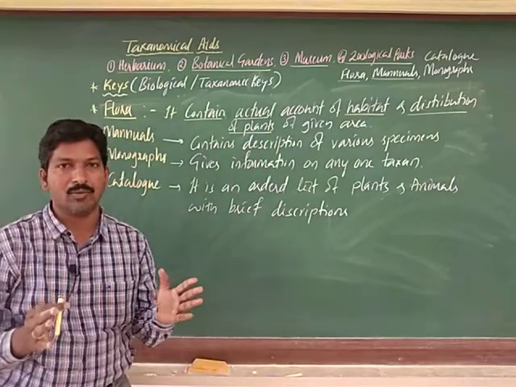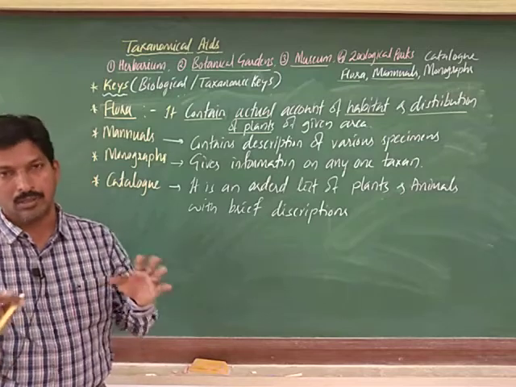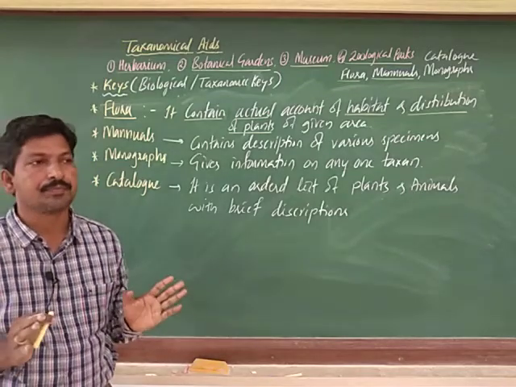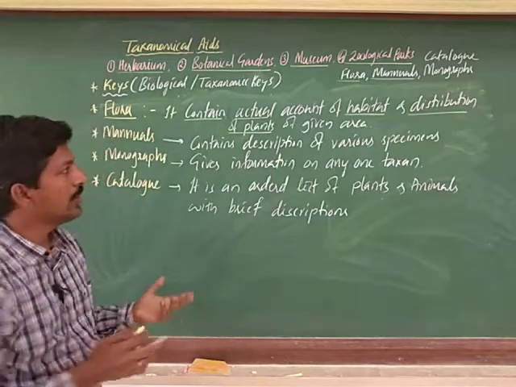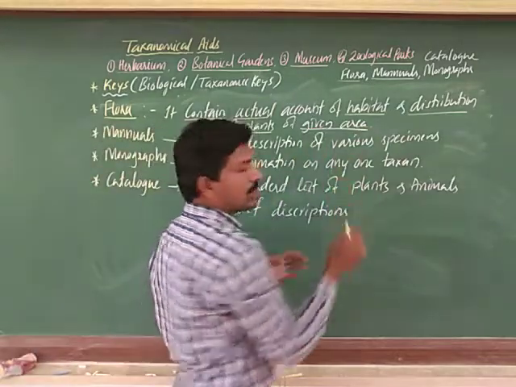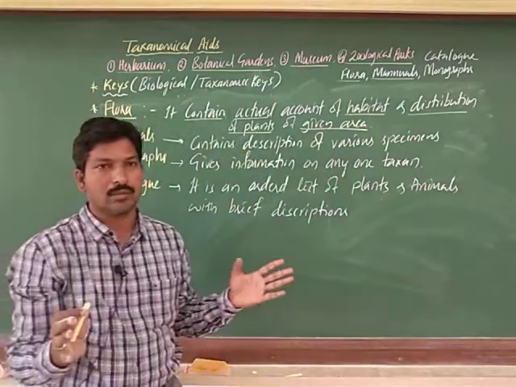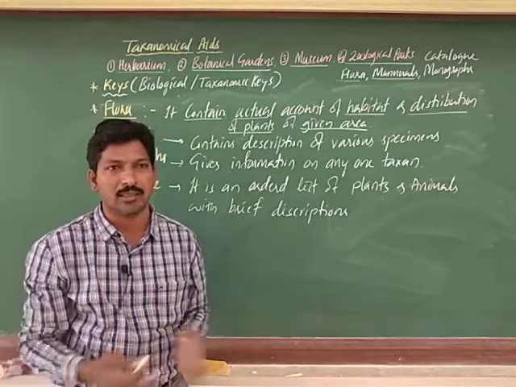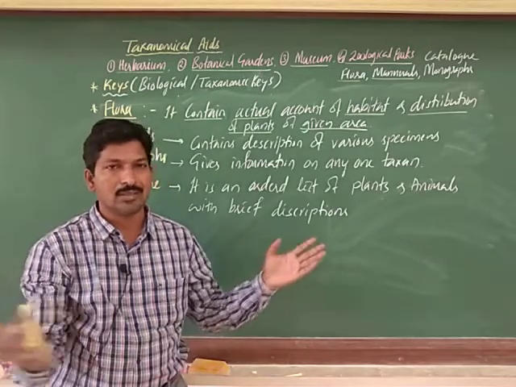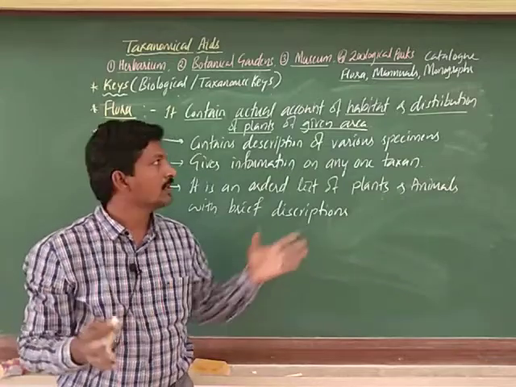See, for example, when you consider our college campus area, a given area means what here? It may not be any one particular size, okay. It may be acres together, hectares together, or it may be your simple garden. So, our college campus itself is one given area.